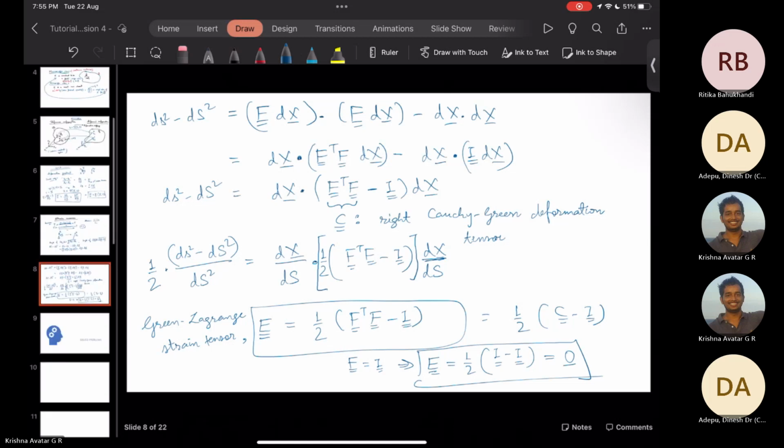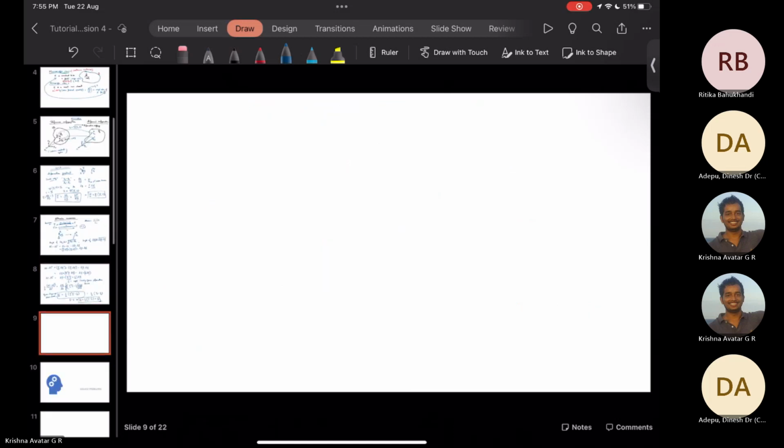Okay, now let's proceed to something known as, like we had started with the definition here, right? That we started with ds squared minus dX squared is equal to dx dot dx minus dX dot dX.